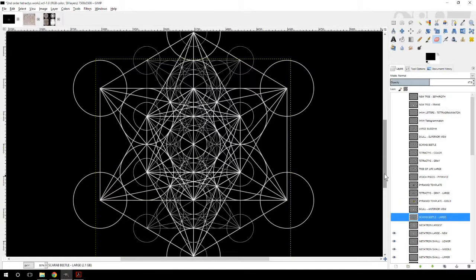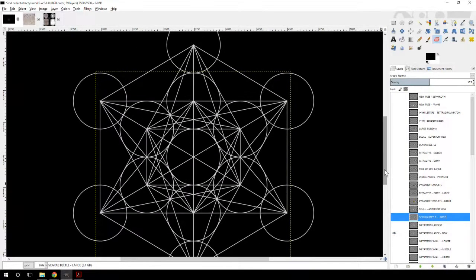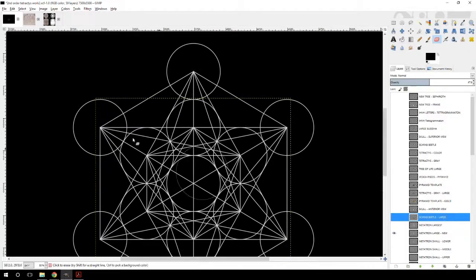So the Metatron's cube, and the reason I've done that there, okay, is I will show you an example. Let's take a look at the Tree of Life. So if I want to get a better image of the Tree of Life, you know the top 3 Sephiroth, they're shaped where you have Bina here, you have Kether here, and you have Chokmah over here.